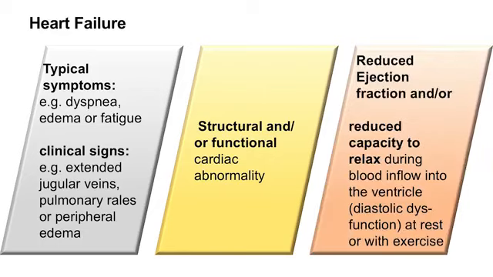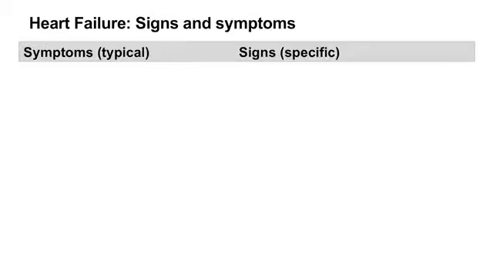And third, we need to have a reduced ejection fraction, that means a reduced pump function of the heart, or a reduced capacity to relax during the blood inflow into the ventricles, which is called diastolic dysfunction, which may be a problem at rest or with exercise.